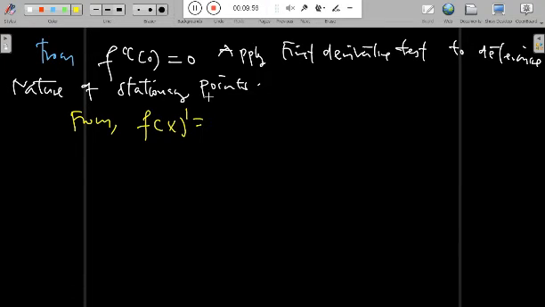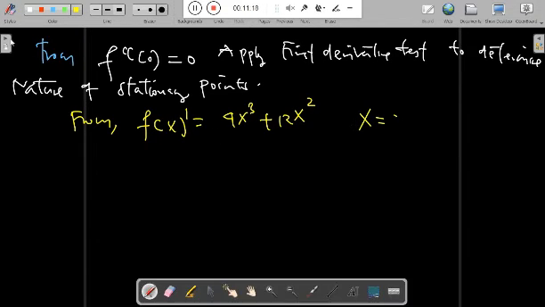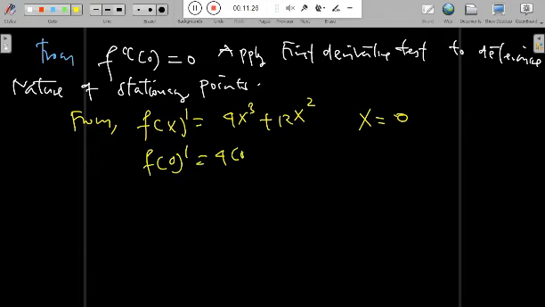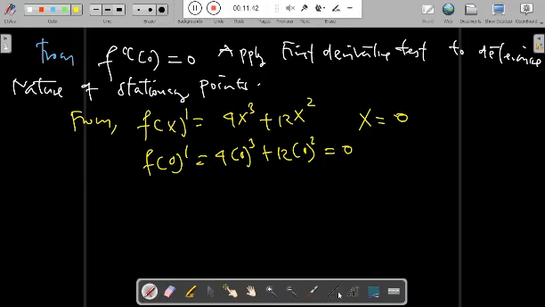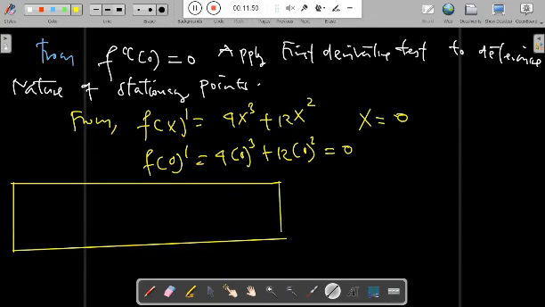For that case, we take the first order derivative of the function, that is 4x^3 + 12x^2. Under the first derivative test, we plug in the value x = 0 and obtain 0.